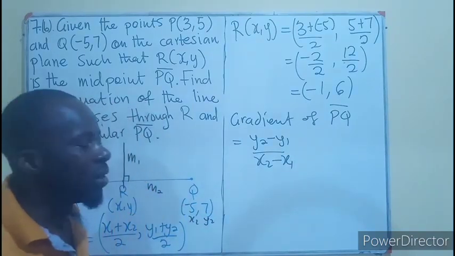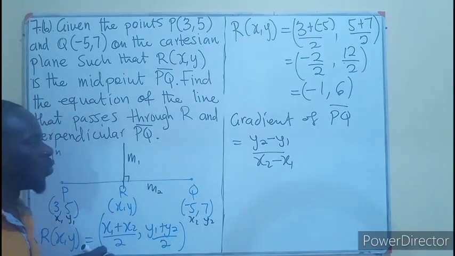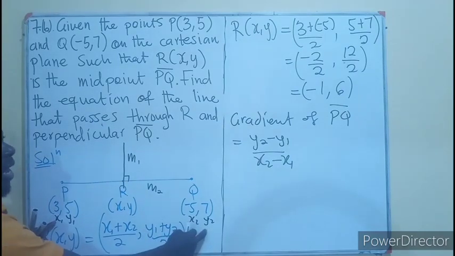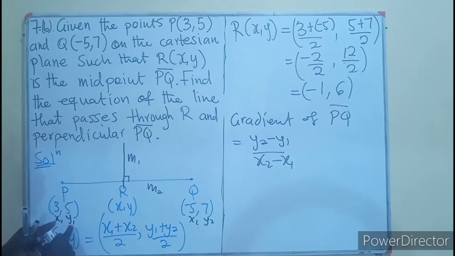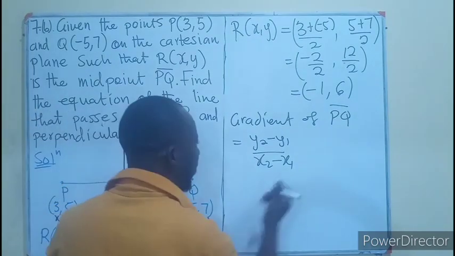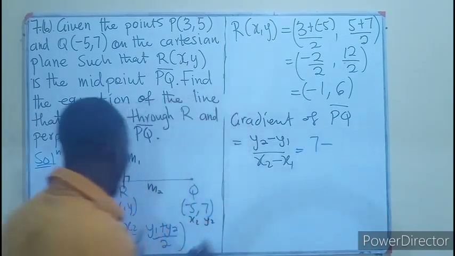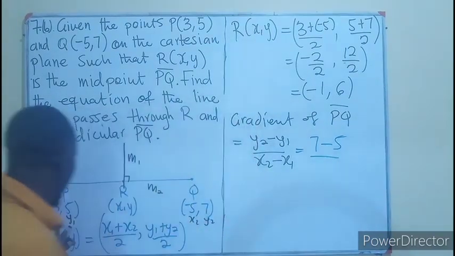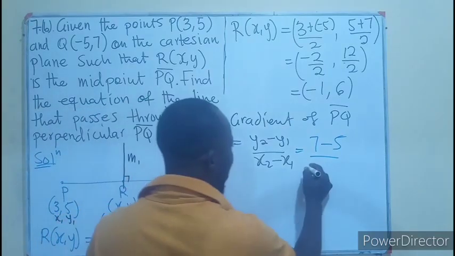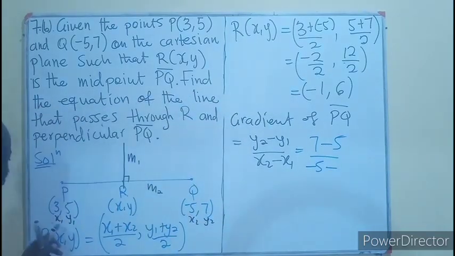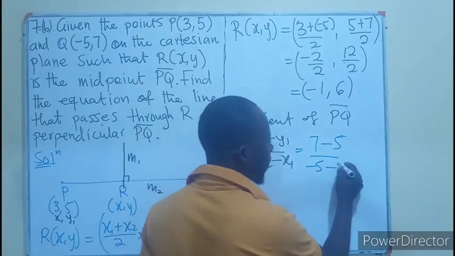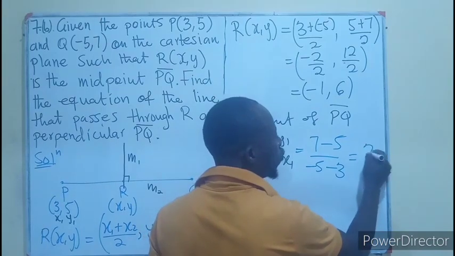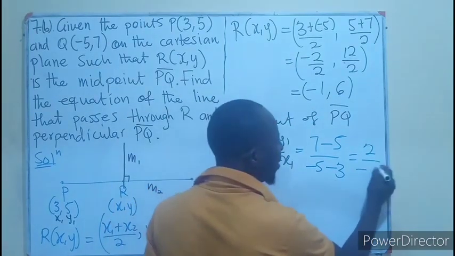It could also be y1 minus y2 and x1 minus x2, still maintaining the same designation. I'll pick 7 minus y1, which is 5, divided by x2, which is negative 5, minus x1, which is 3. So I have a positive 2 divided by a negative 8.